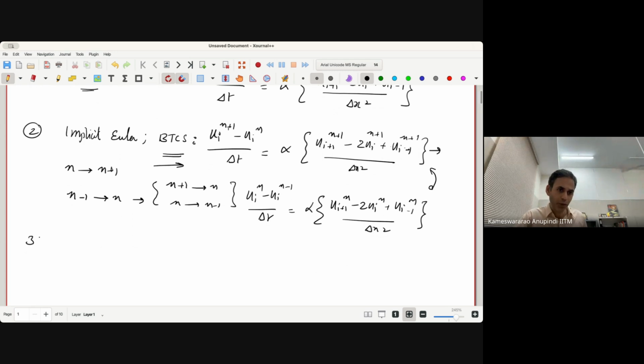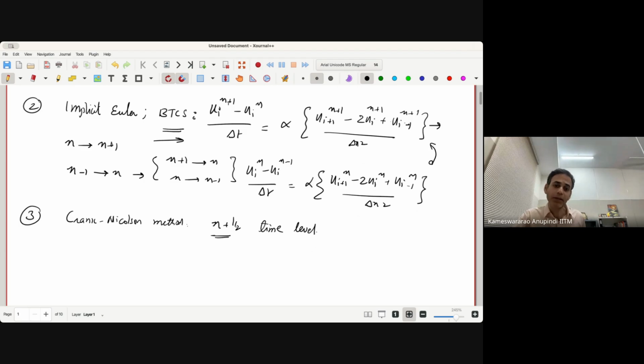Now we also looked at essentially another method that is known as the Crank-Nicolson method, which we said is going to evaluate all the values at the n plus half time level instead of at n and n plus 1, like in the explicit Euler or implicit Euler.